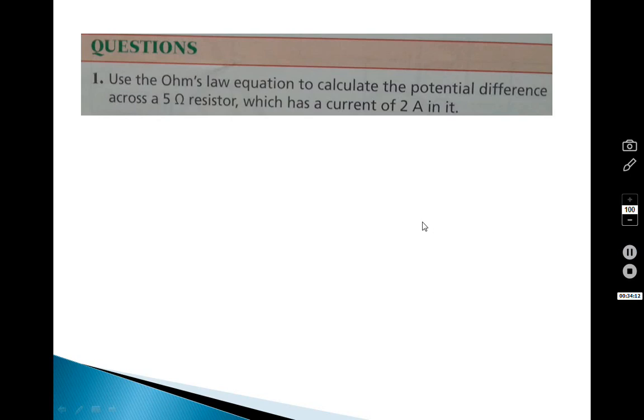Did you get the result? First we need to write down the equation of Ohm's law.